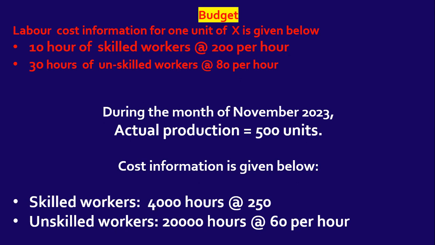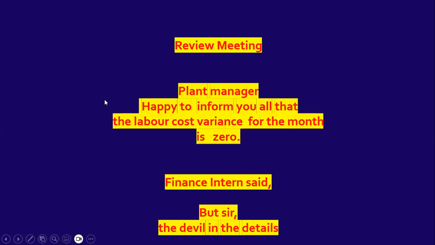Whenever there is a budget, the budgets are prepared, the actual information is compiled, and actual is compared with the budget to derive the variance. In one such meeting, the plant manager says, happy to inform you all that the labor cost variance for the month is 0.